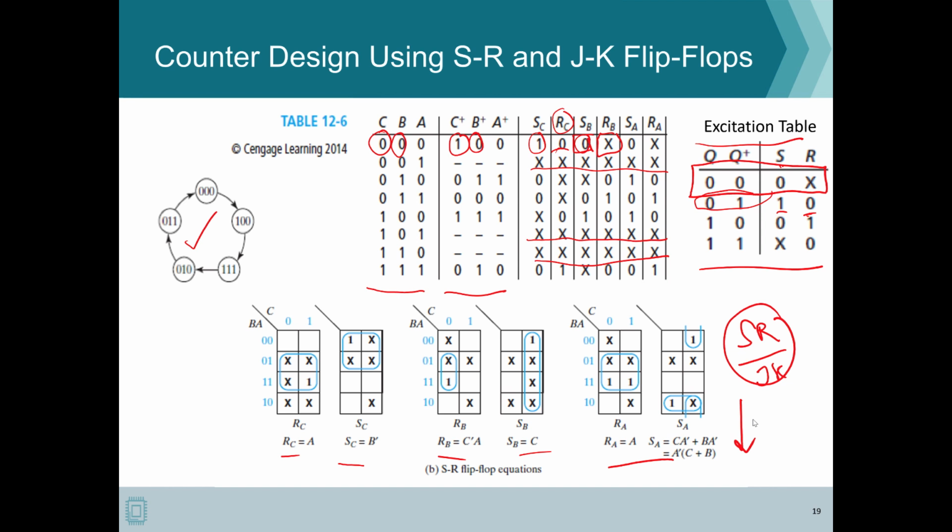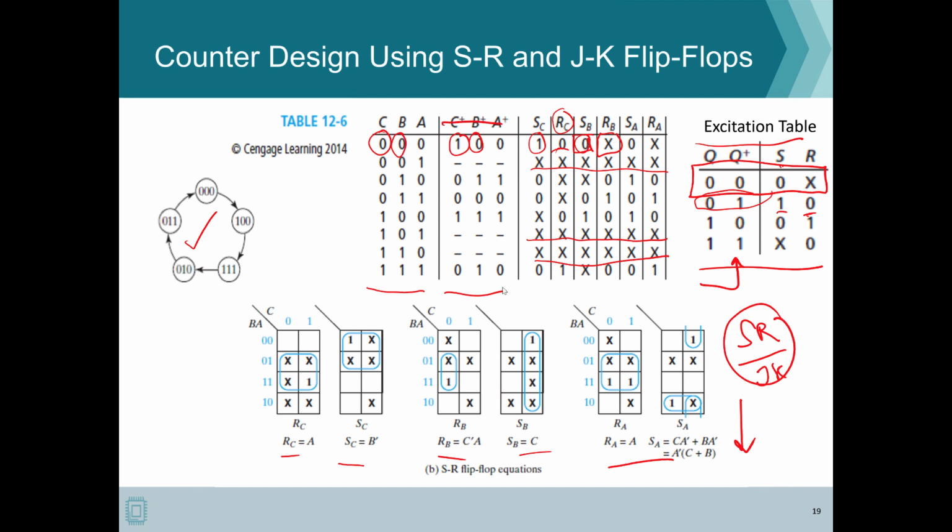But the design process is a little bit complicated because now you have to look up this excitation table. In the previous cases, it was a simple XOR function, or simply replacing this by DC, DB, and DA. But in this case, you will need to spend more time.